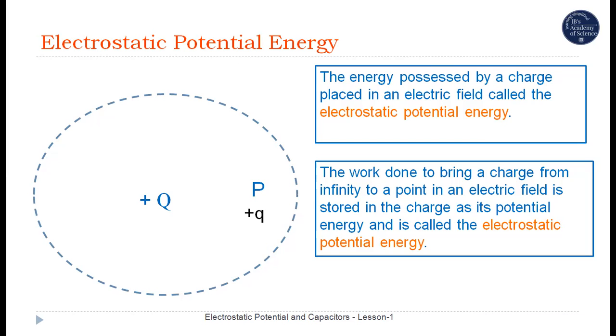For example, if you bring the charge small q from infinity, that means from outside the field, to the point P, the work done in bringing this charge is equal to the electrostatic potential energy of the charge. The unit of electrostatic potential energy is joule. It is nothing but energy, so the unit of energy is joule.